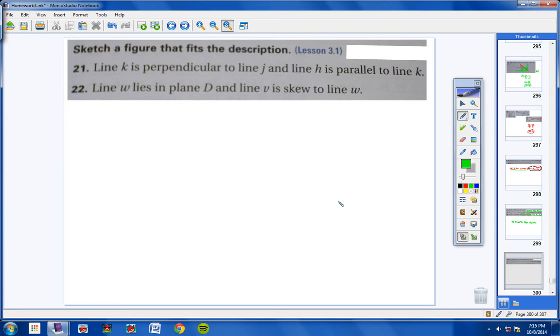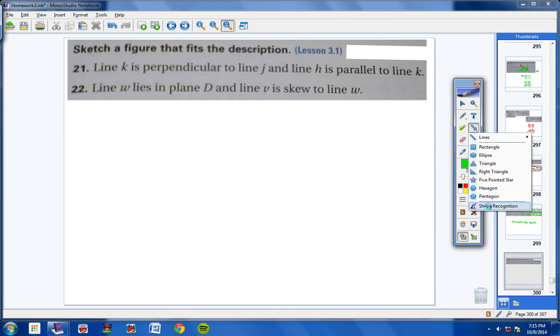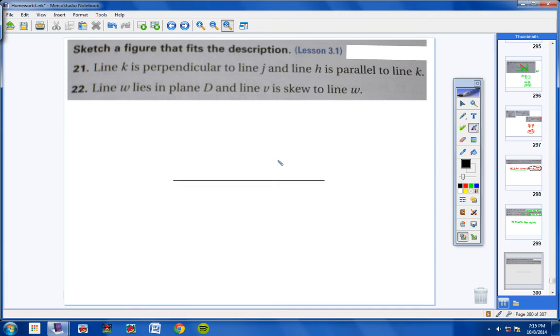Sketch a figure that best fits the description. Okay, here we go. Line K is perpendicular to line J, so we can quickly draw that. Okay, line K is perpendicular to J. So there we go. J, K. And line H is parallel to K. Okay, no problem.